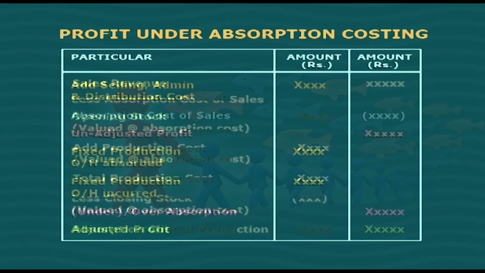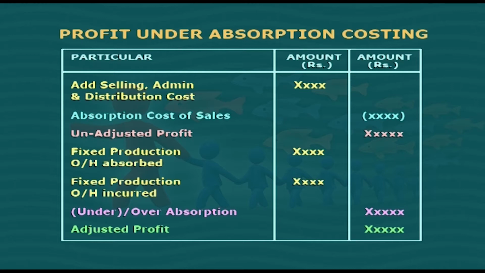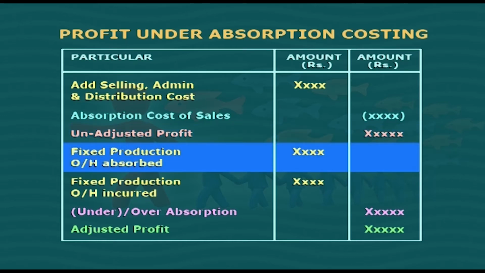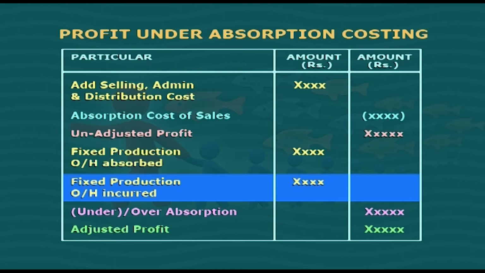production. In absorption cost of production, you add selling, admin and distribution cost, which will give you absorption cost of sales. You also need to add unadjusted profit, which will include fixed production overhead absorbed and fixed production overhead incurred.